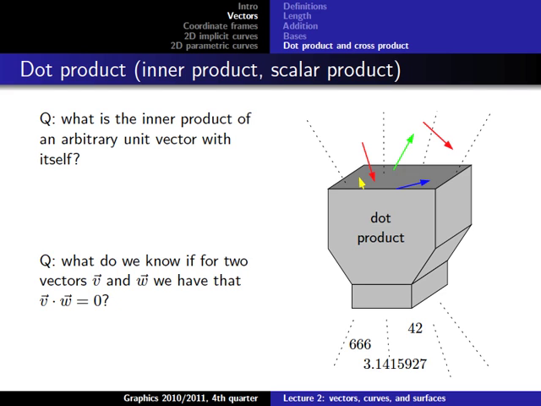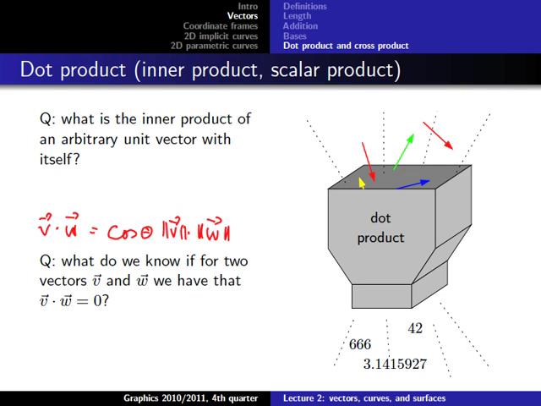So for example, what is the inner product of a unit vector with itself, or what do you know if the dot product of two vectors is 0? Of course, think about the condition that we had, that the dot product of two vectors is the cosine of theta times the length of v times the length of w.